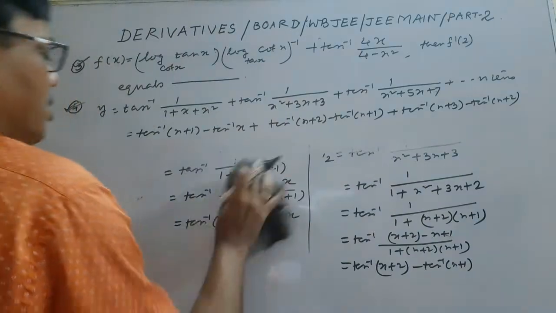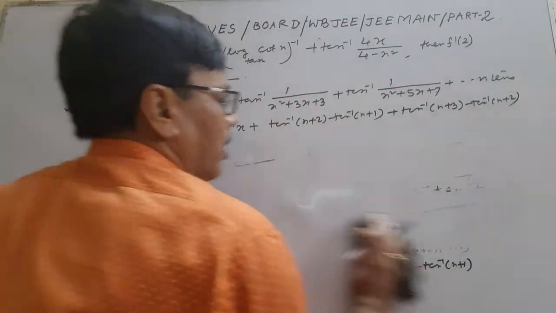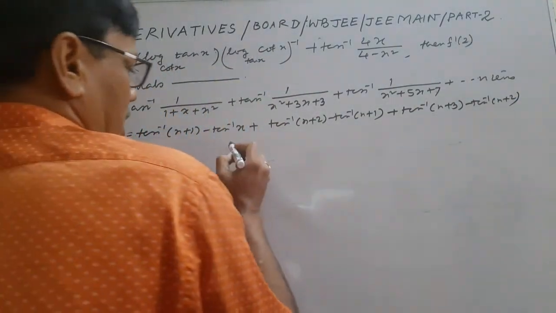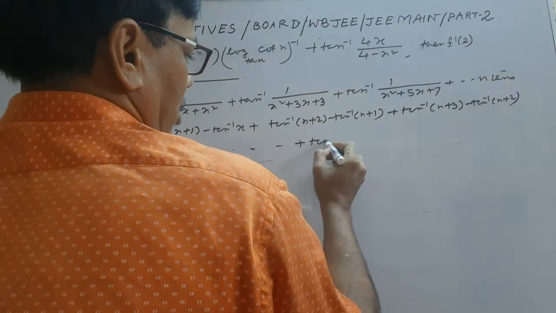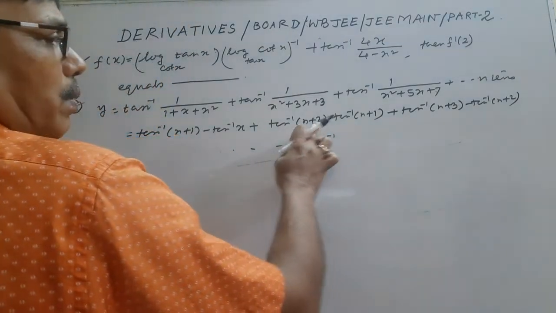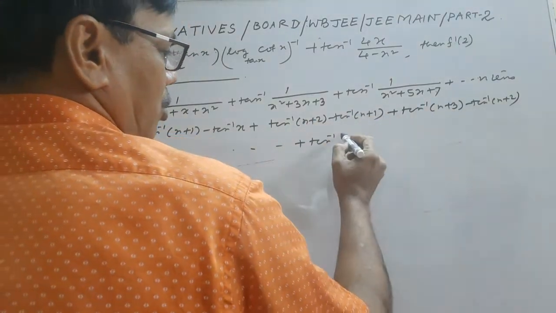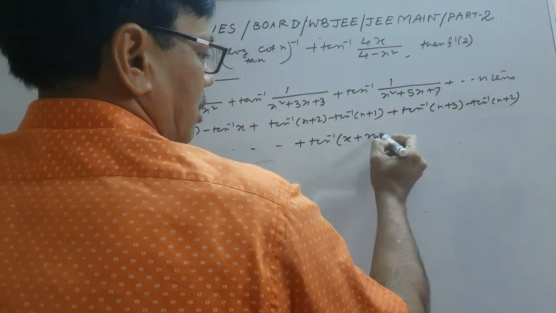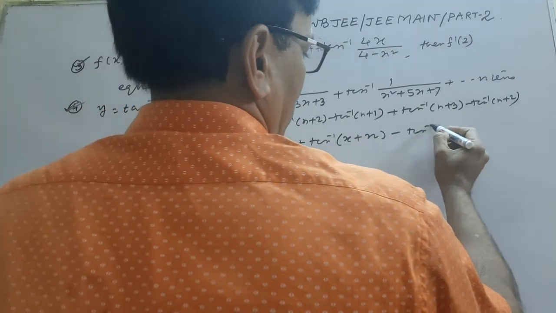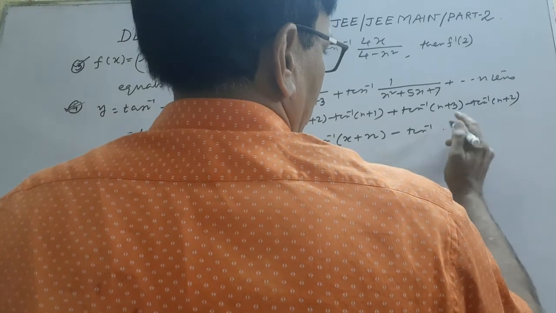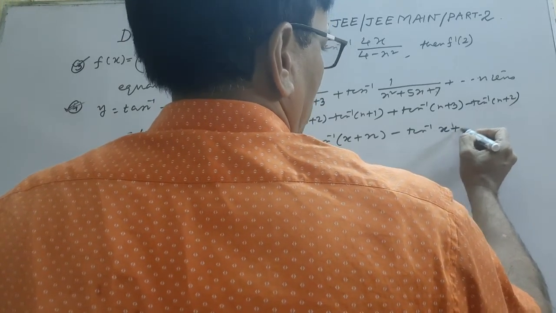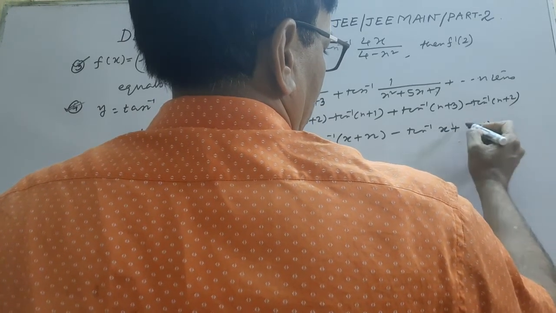We will complete it. And what is the nth term? The nth term is tan inverse (x plus n) minus tan inverse (x plus n minus 1).